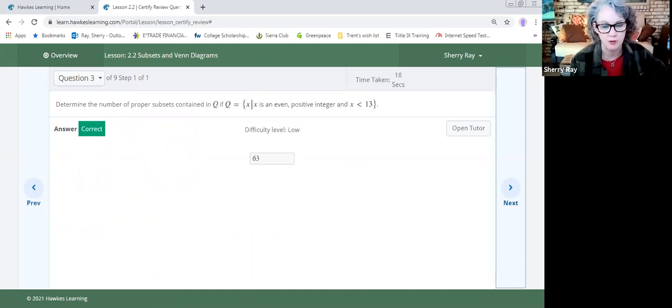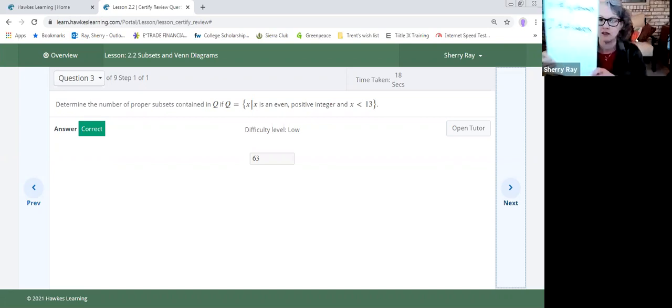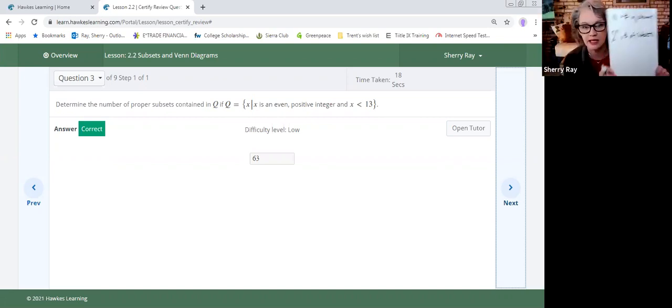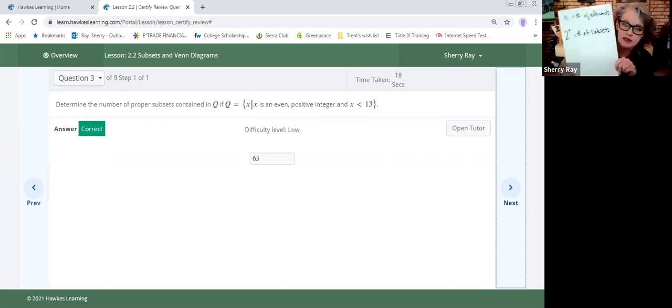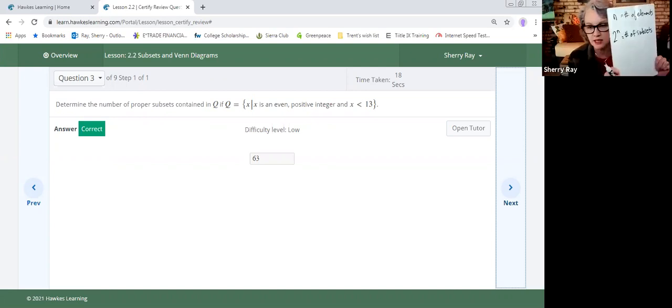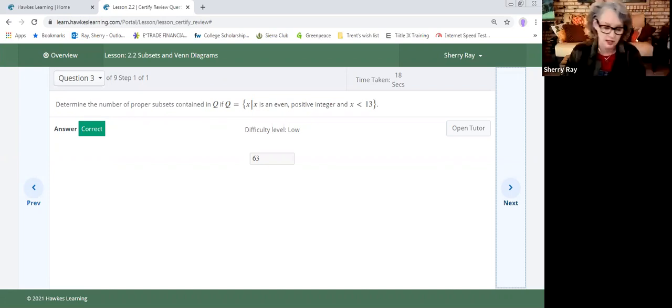Determine the number of proper subsets. So let's see, suppose n is the number of elements. The number of subsets is 2 to the power n. A subset contains all the elements of the set, some of the elements of the set, or even an empty set could also be a subset.